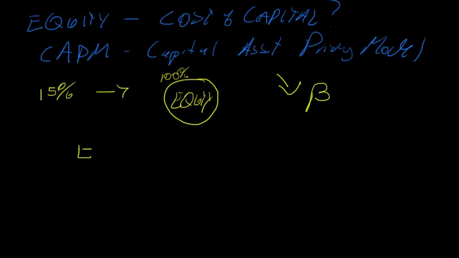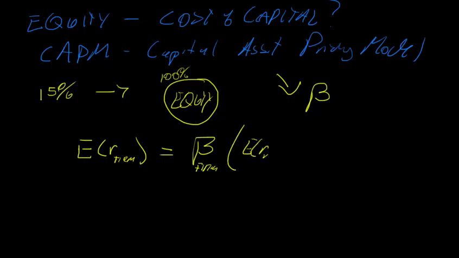The CAPM equation tells us the expected return of the firm is equal to beta of the firm times the expected return of the entire market minus the risk-free rate, all of that plus the risk-free rate.